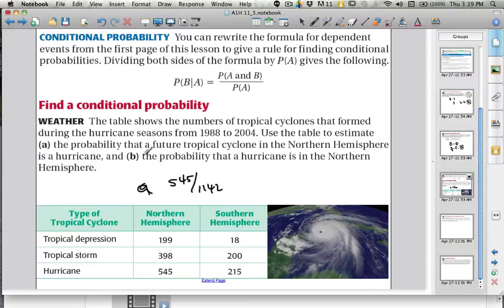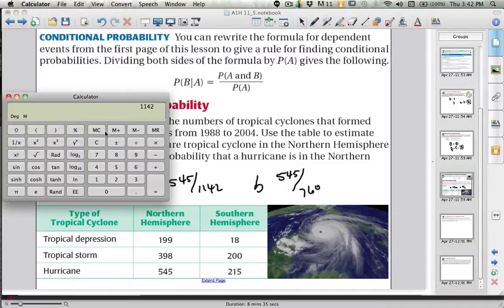So what's the probability that the hurricane is in the northern hemisphere? Well, that's going to be 398 out of 598. So I'm sorry, hurricanes. I was doing tropical storms, my mistake. So it's going to be 545 out of, let's see, that's 760.